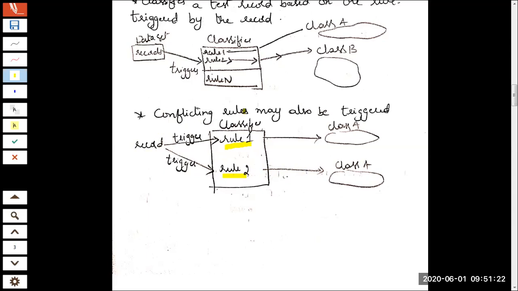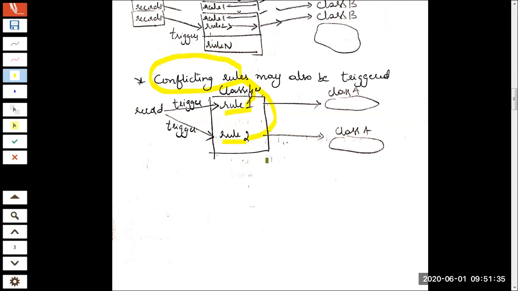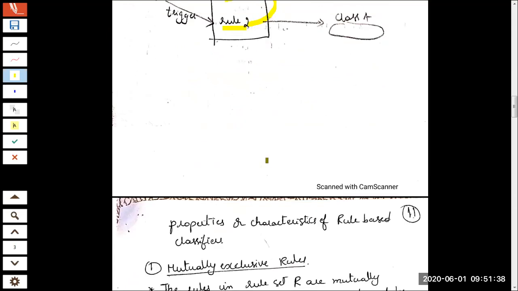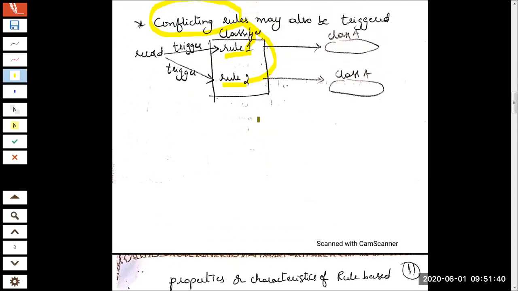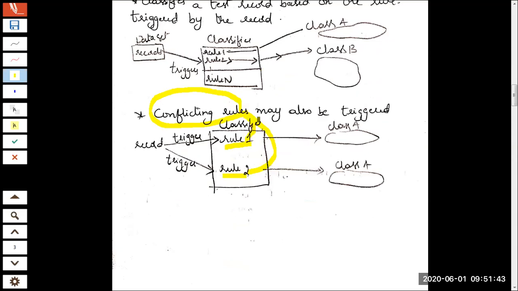You can see the heading here, conflicting rules: rules which are taking a single record into different classes. Once again, I want your confirmation whether you understood what conflicting rules are. That should not happen. A record should go and sit inside one class. In this specific instance, it should be either class A or class B.